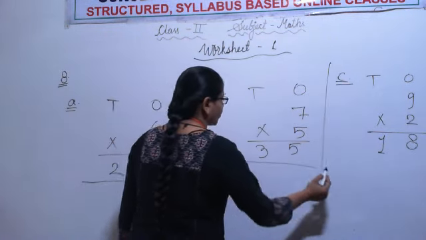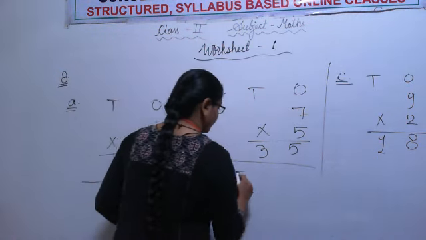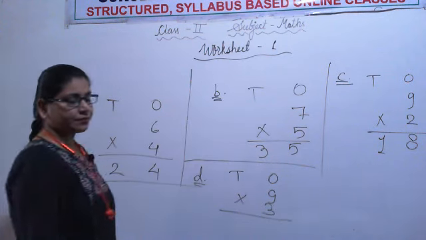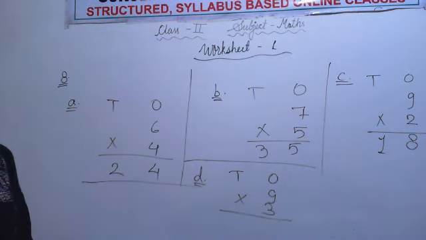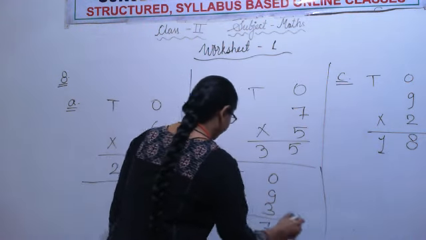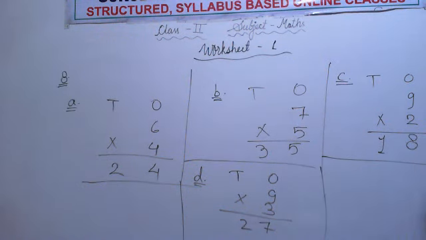The next solution of D I am writing here. 9 into 3. So 3 9s are 27. So we will write 27. So I hope you all did all the questions correctly, but if you made any mistake, you can learn from here.